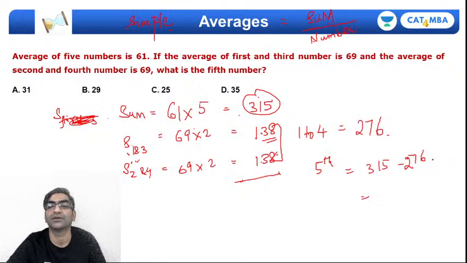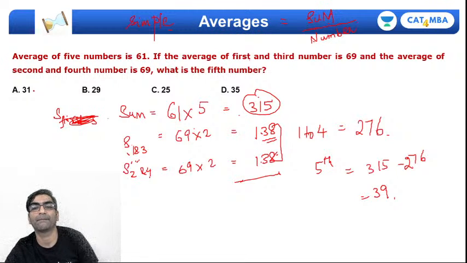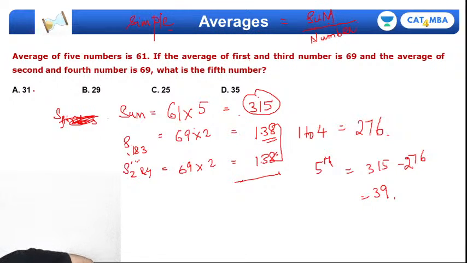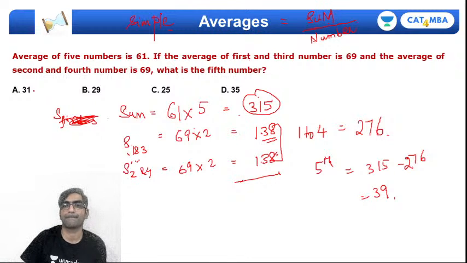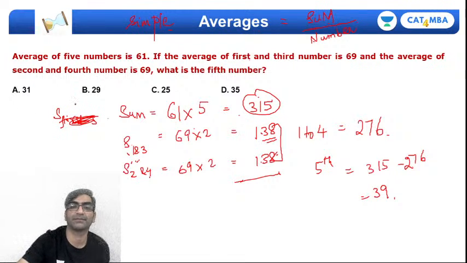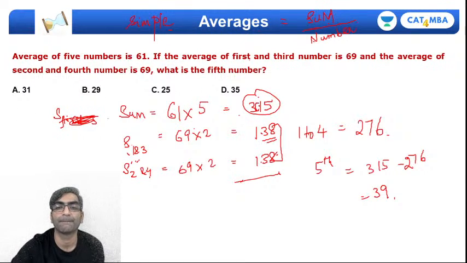That's going to be 24 plus 15, 39. Oh, this is 305. Right, so this becomes 29. That's option P.